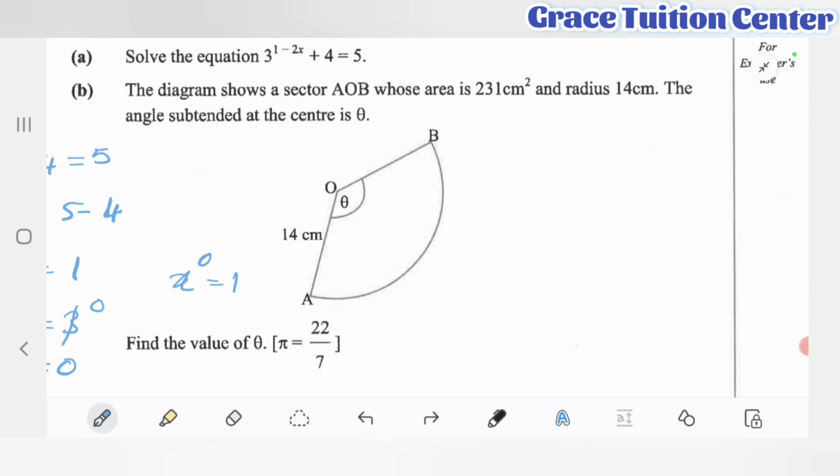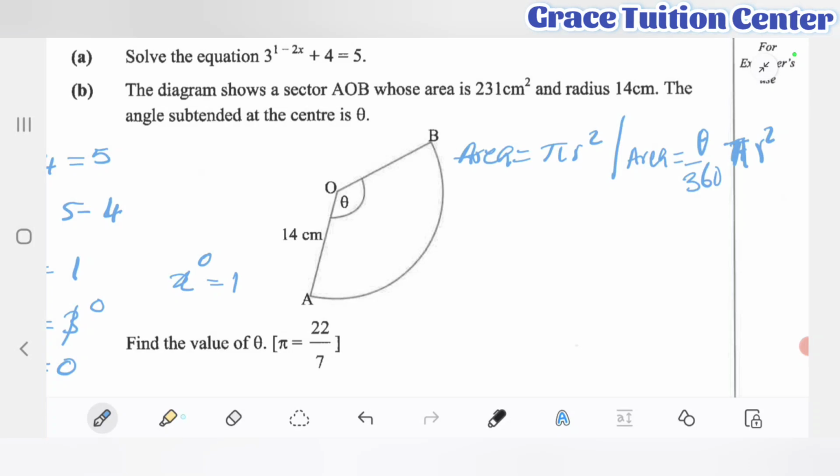So if you are given a sector, the area of a sector is simply derived from the area of a circle. The area of a circle is found by the formula pi r squared. Since a sector is simply a part of a circle, the formula we use is area equals theta over 360 pi r squared.